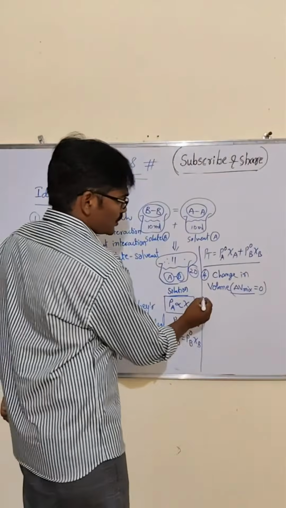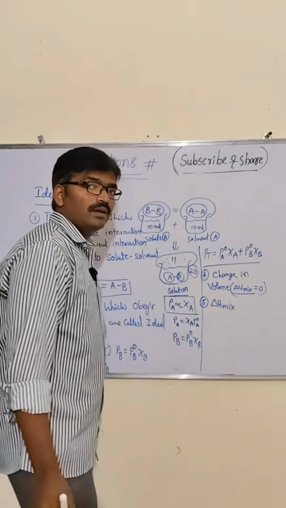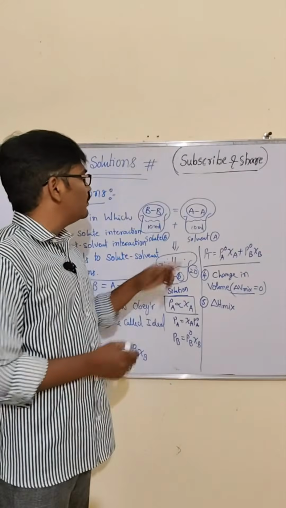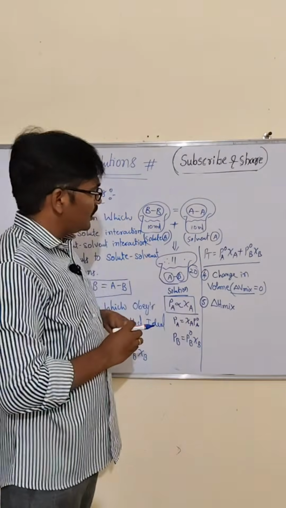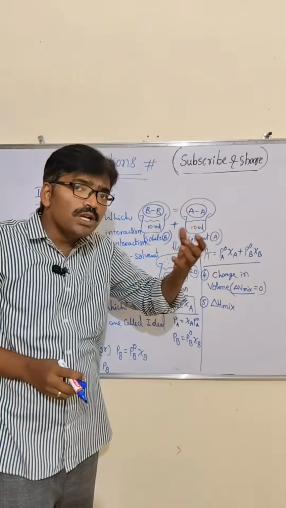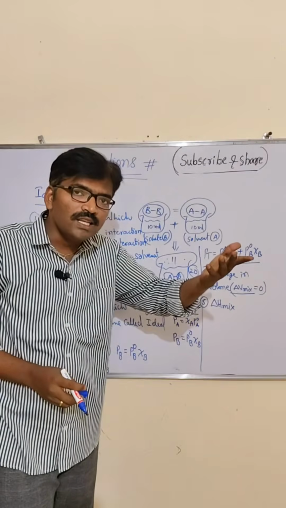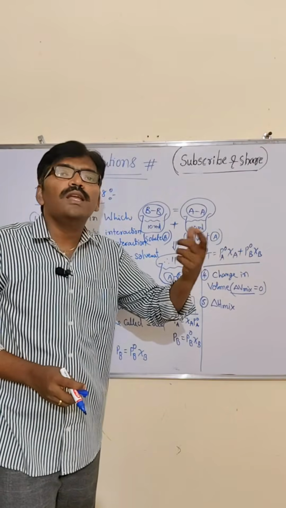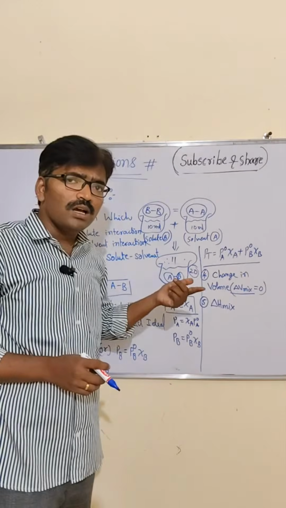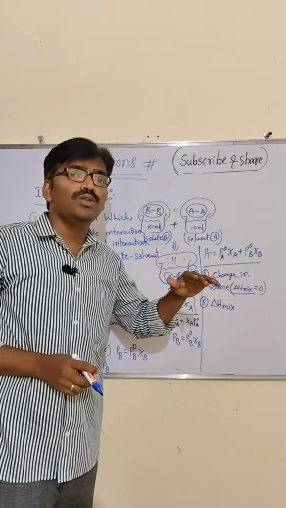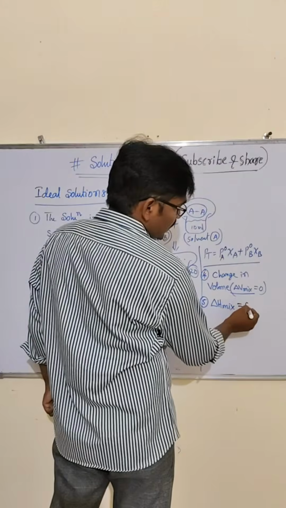Then the fifth statement, that is delta H mix. When solute and solvent are added together, if there is heat absorption or heat release, we call them exothermic or endothermic dissolutions. If neither heat absorption nor heat release happens, then we call it delta H mixing of the two components equals 0.